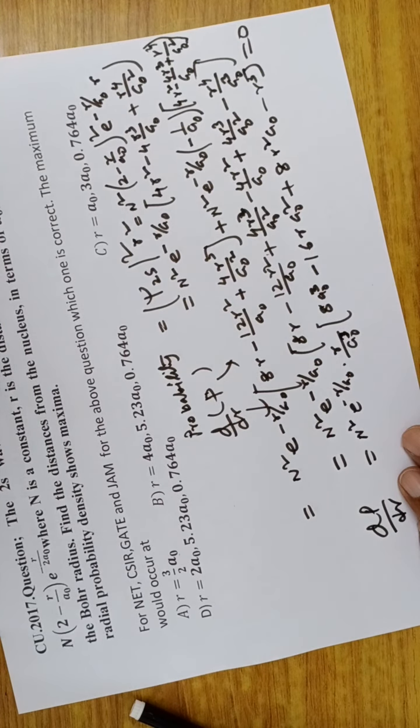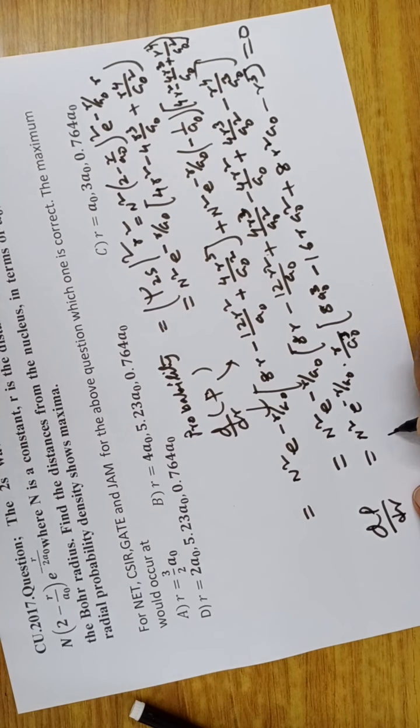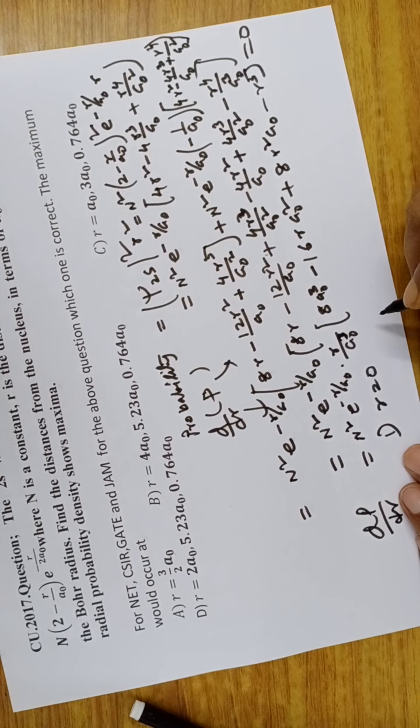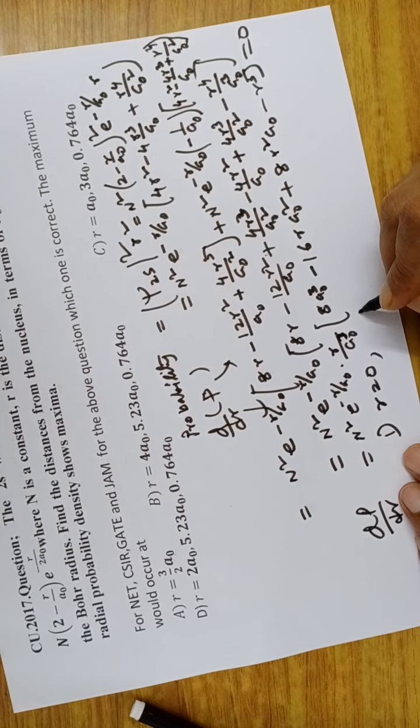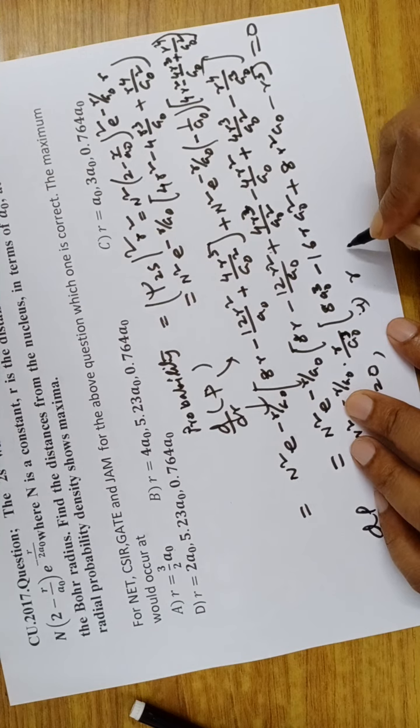Then there are 3 possibilities. First possibility is r equal to 0. It is not possible because the particle would be in the nucleus, so it is not possible. And second possibility is r equal to infinity. It is also not possible.